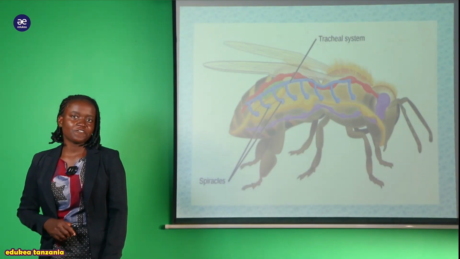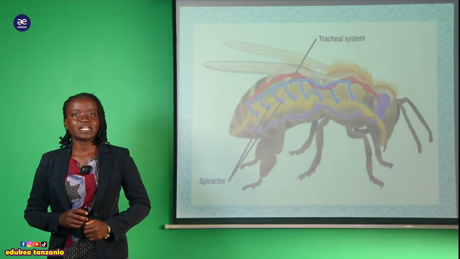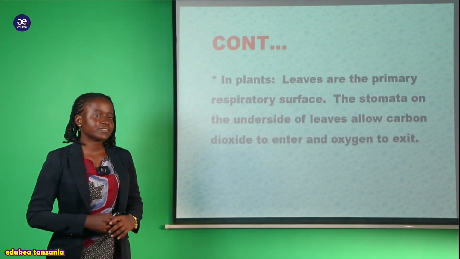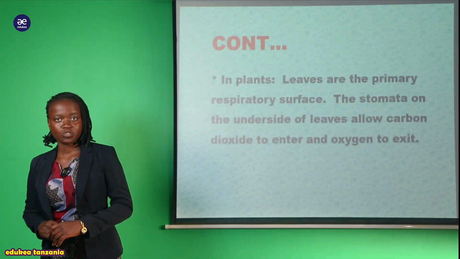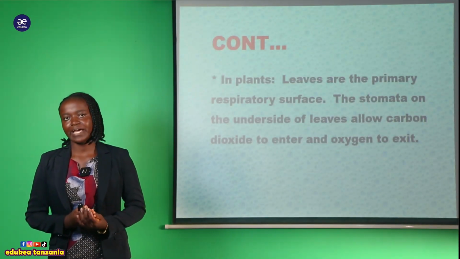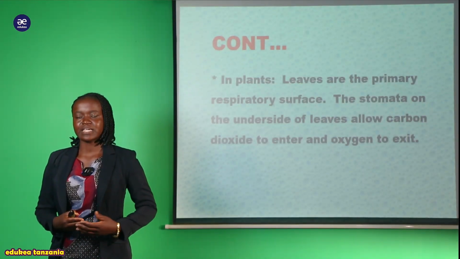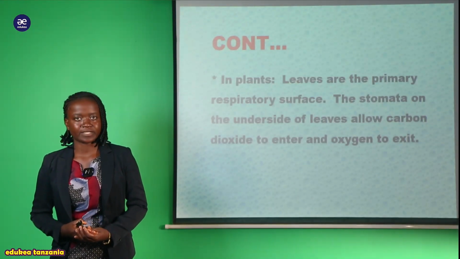But also, apart from that organism that is an insect, we have another organism, and that is a plant. So plant pia wanafanya gaseous exchange. So how do plants exchange the gas, or where does gaseous exchange occur within a plant?